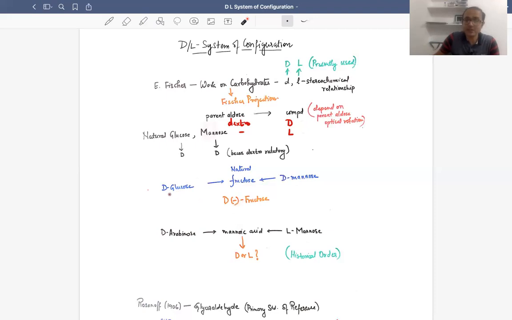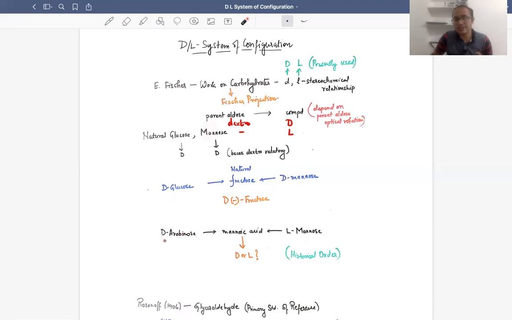And when he wrote D-glucose, it is understood that it is dextrorotatory. So if suppose the D-configured compound is levorotatory, this symbol needs to be written. Okay, so this is how the nomenclature progressed during the Fischer time, that is in the late 19th century.